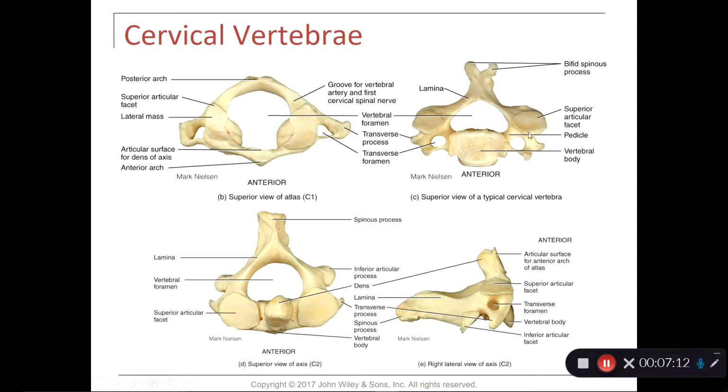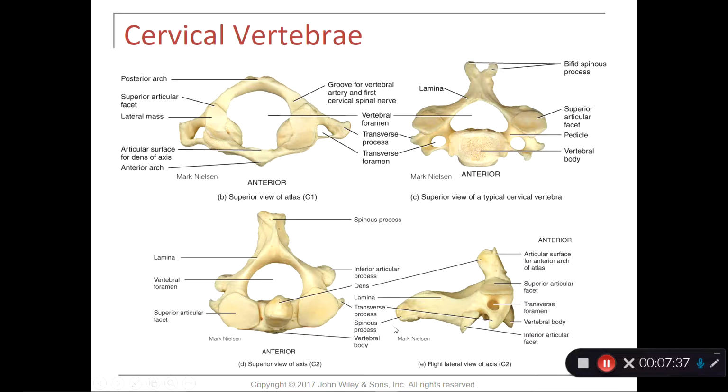I call it a snake bone almost because it has that split tongue. Atlas doesn't have that. What it does have is a nice wide opening, and it's almost a little bit more delicate in appearance.